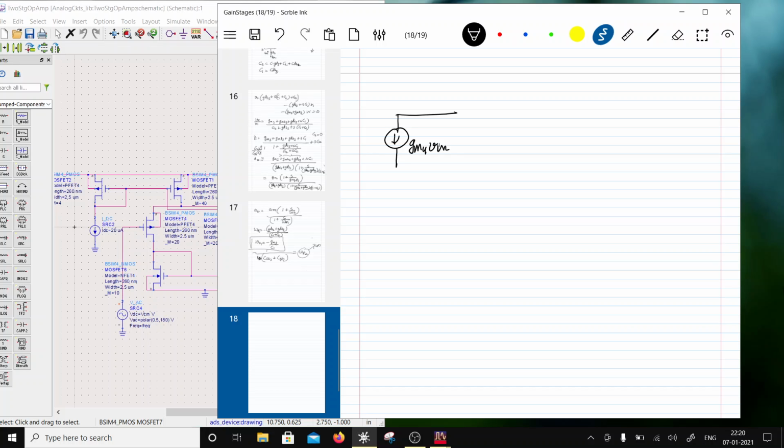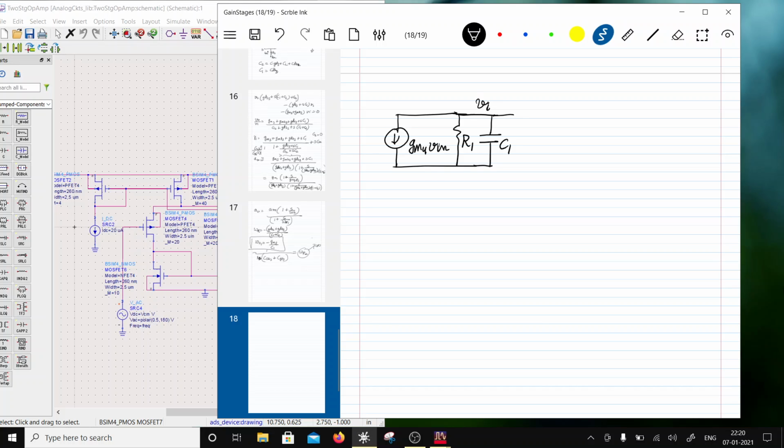Then you have got R1, which is the parallel combination of RDS4 and RDS6. And then you have got C1, which is CGS7, and then CDB2 and CDB1. So this is the input node for the transistor 7, right? So this is node VI.